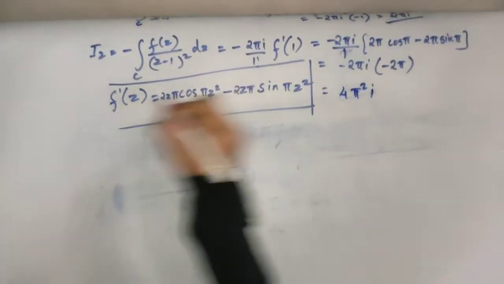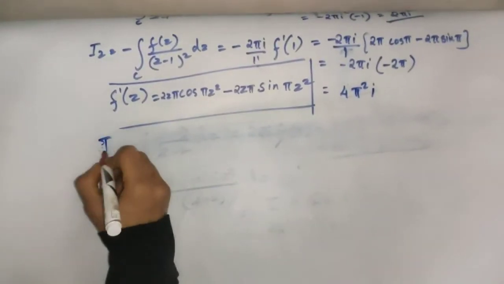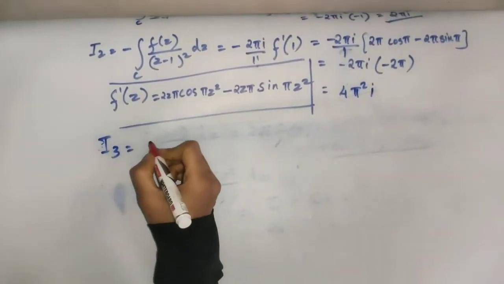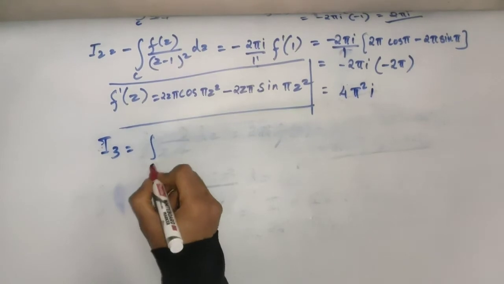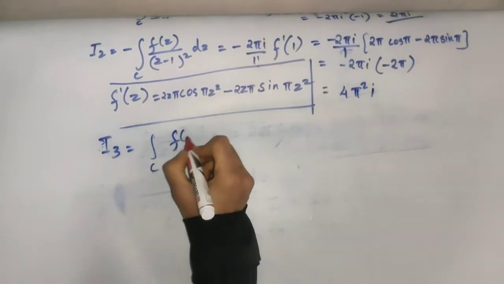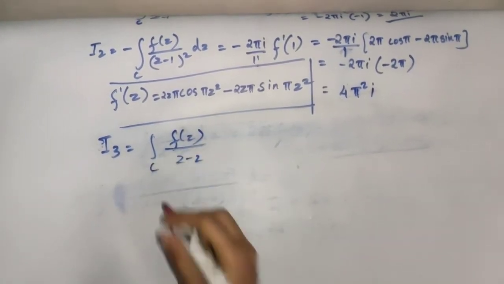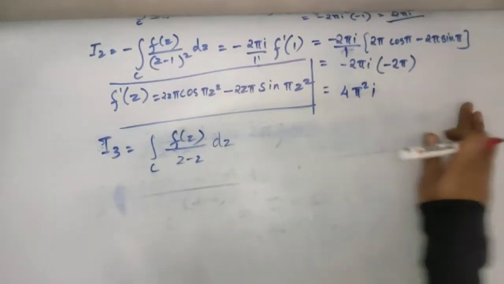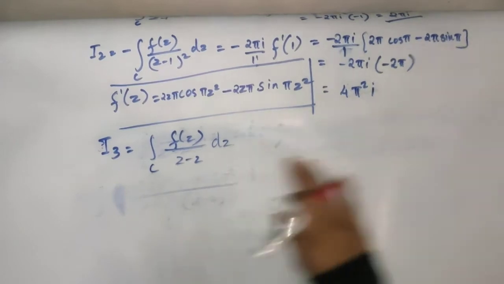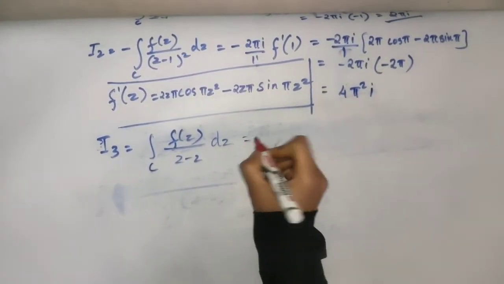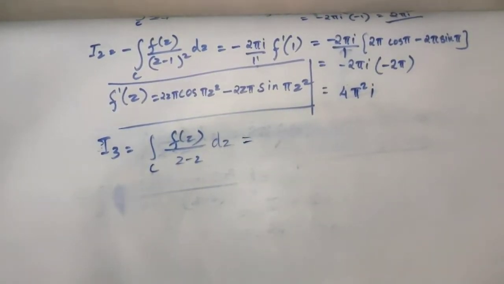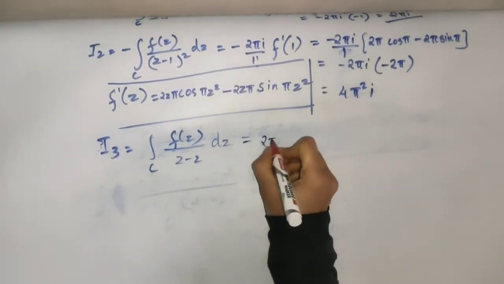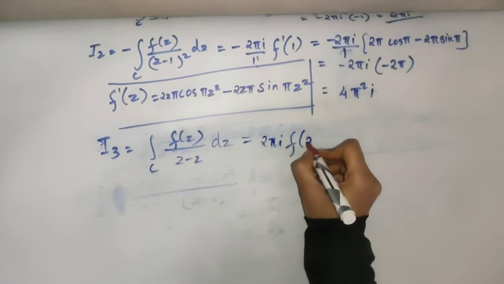Now similarly, let us evaluate I3: the integral over the curve C, f of z divided by z minus 2 dz. By Cauchy's integral formula, it will be 2 pi I into f of 2.